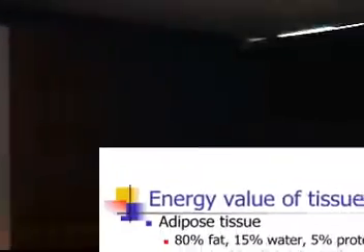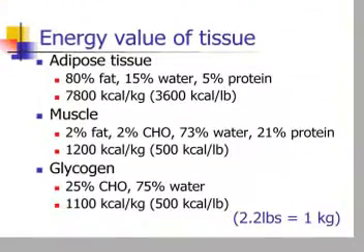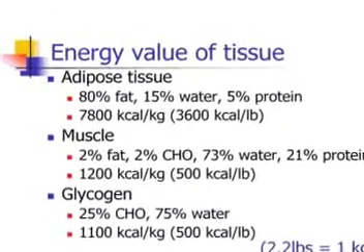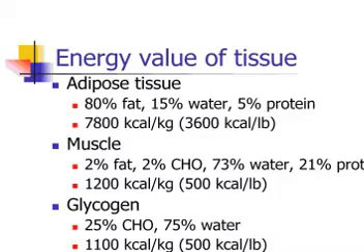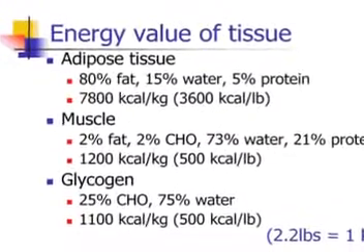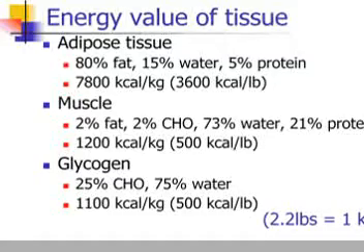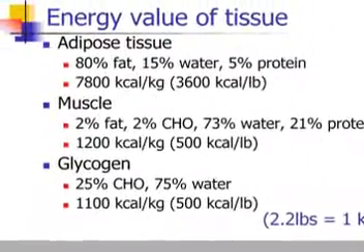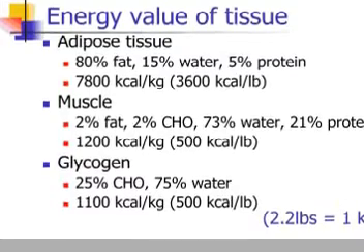Okay, and in balancing the calories in and calories out, I want to just remind you again of what the calorie densities of these different tissues are. Adipose tissue, which is about 80% fat, has a density of 7,800 calories per kilogram. Muscle tissue, which is mostly water, has a density of 1,200 calories per kilogram.